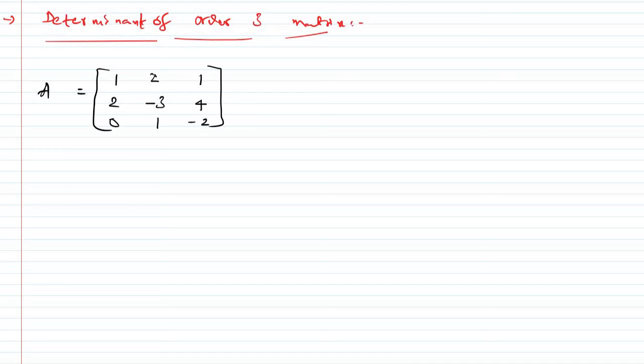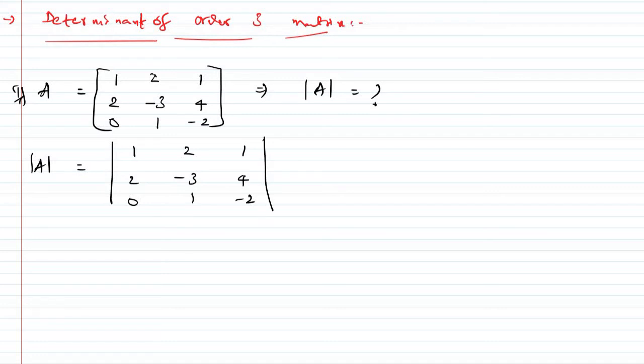If A is this matrix, then find the determinant of A. First of all, we can express it as the determinant 1, 2, 1, 2, minus 3, 4, 0, 1, minus 2.